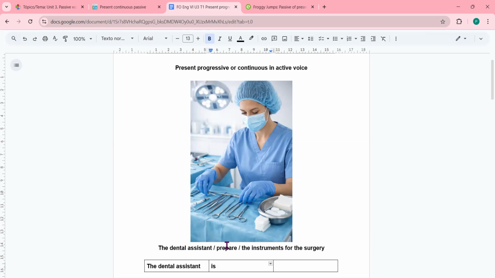Okay. And then, preparing, very good. Preparing the instruments for this surgery. The dental assistant is preparing the instruments for the surgery. Activity at the moment.